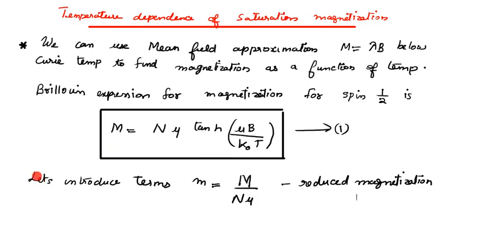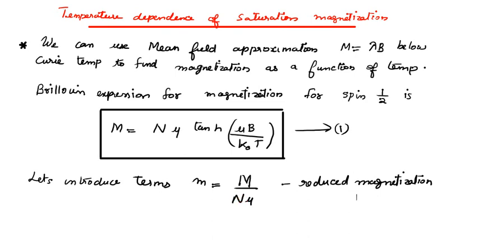Now, let us introduce two quantities. First one is called reduced magnetization. It is defined as small m equal to capital M by N into mu. The capital M is magnetization and N is the number of ions or concentration in the specimen.